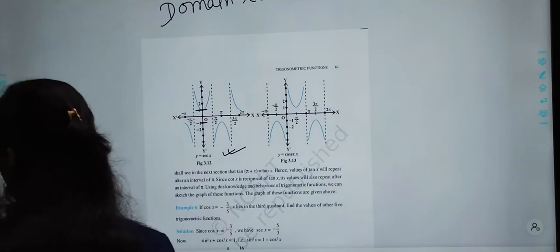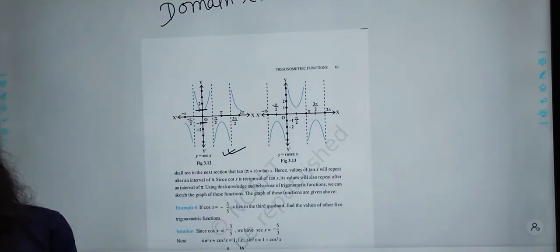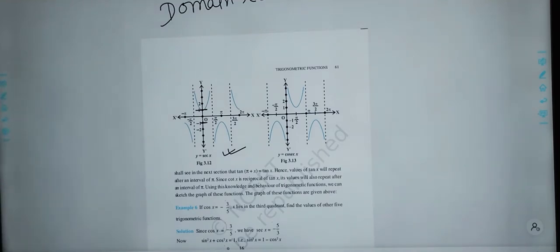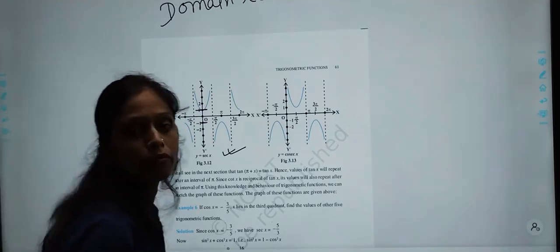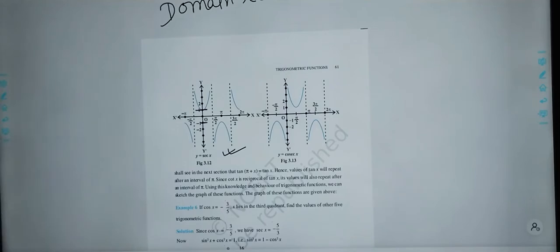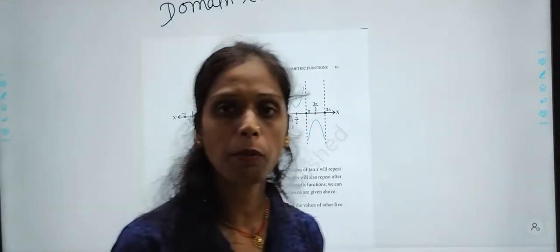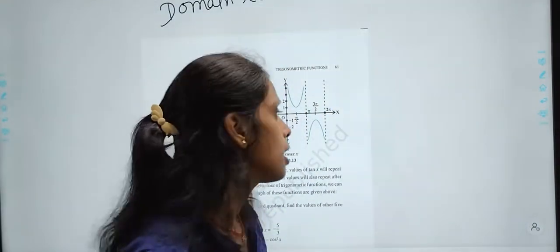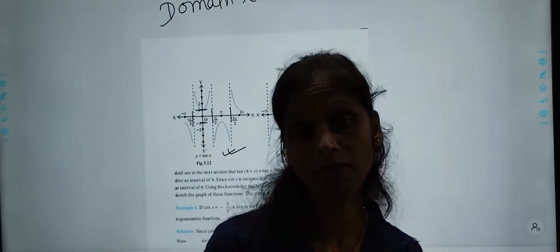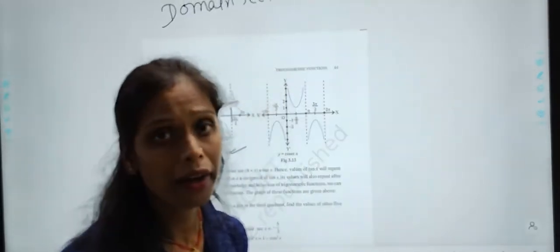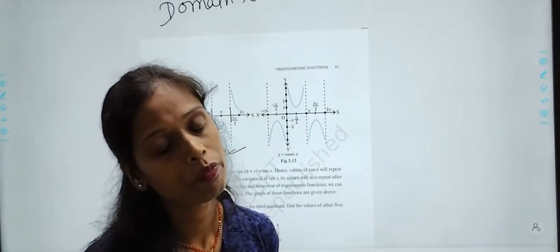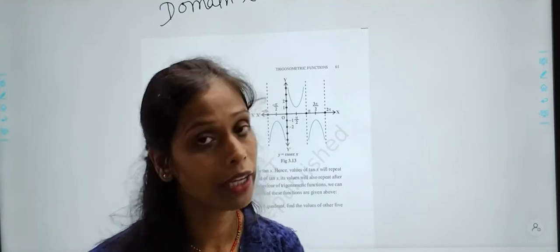At every 2n plus 1 pi by 2 there is no point, whereas the rest of it gets values. That's why the domain will be the collection of all those x, where x belongs to R and x is not equal to 2n plus 1 pi by 2, where all n belong to an integer.